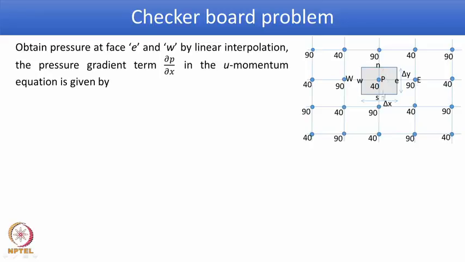Similarly, for the other side, that is north node, north face, south node and south face, they are also shown. Delta x and delta y are the element distances in the x and y directions respectively. The numbers shown in this figure are 90, 40, 90, 40. This is the pressure field obtained by some procedure. Let us not worry about what the procedure is.